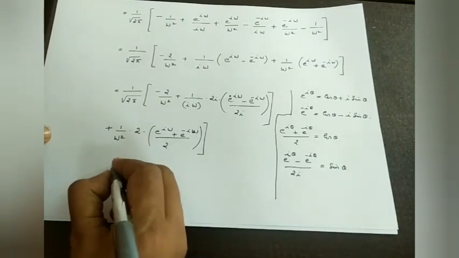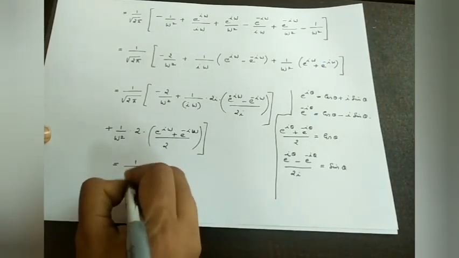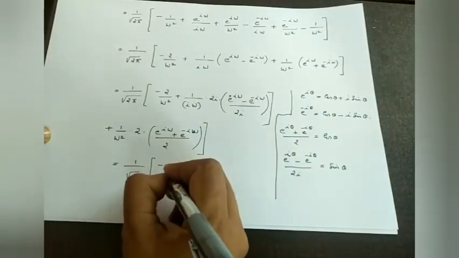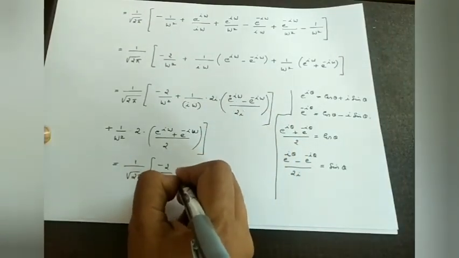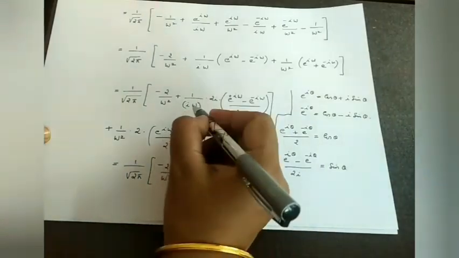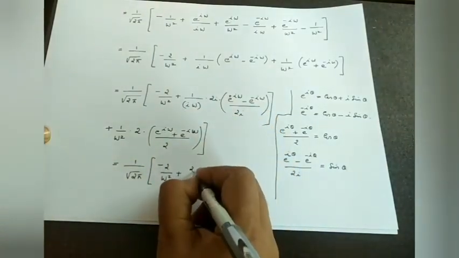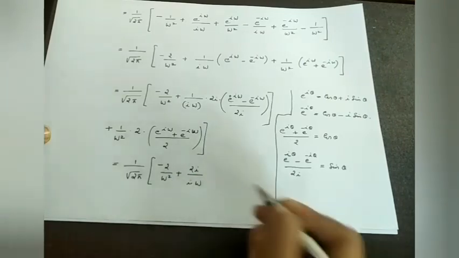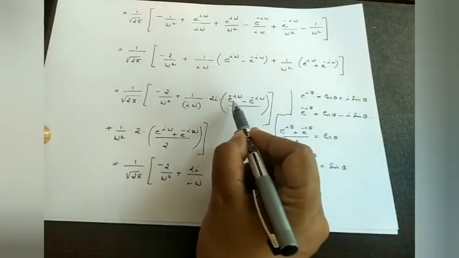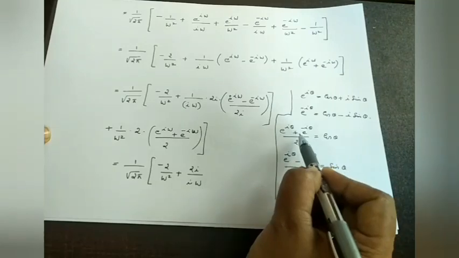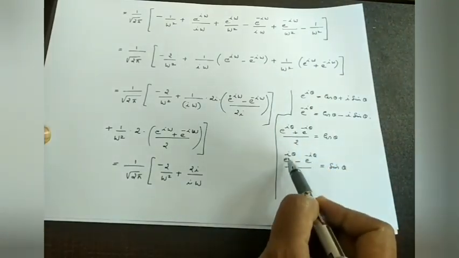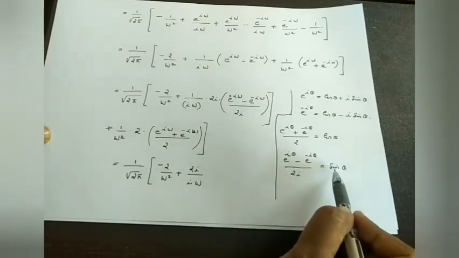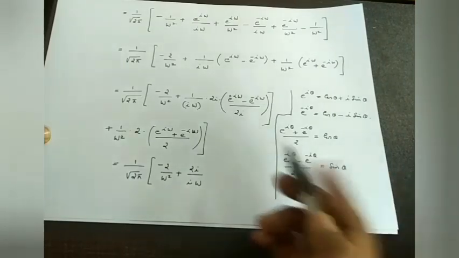Now this is equal to 1 by root 2π into the first term is the same, no change, minus 2 by ω², then plus, here I have 2i by iω, then this term can be written as (e^{iω} minus e^{-iω}) by 2i, which is sin ω.